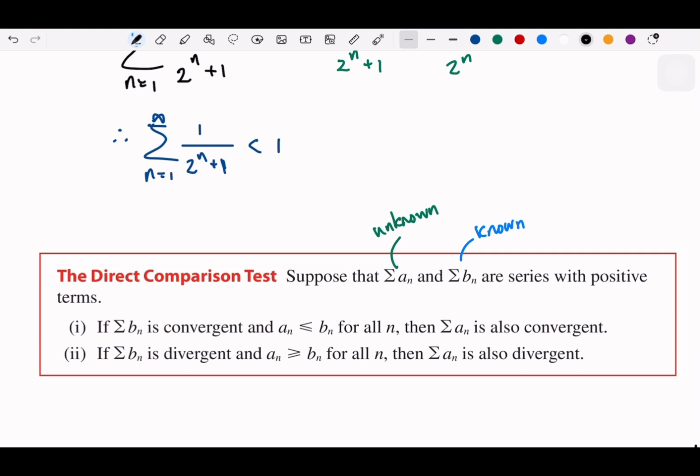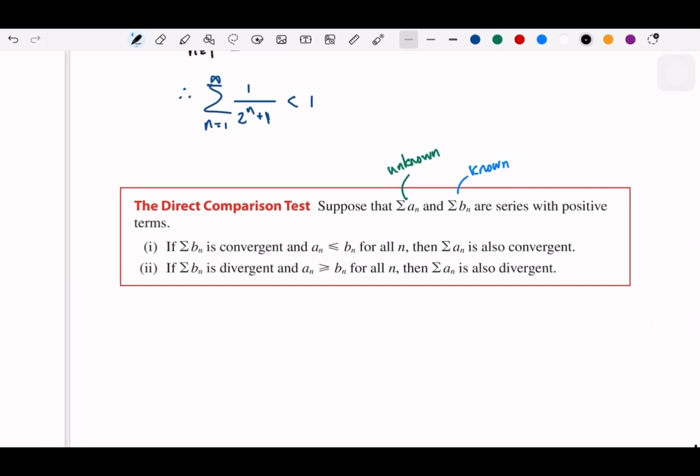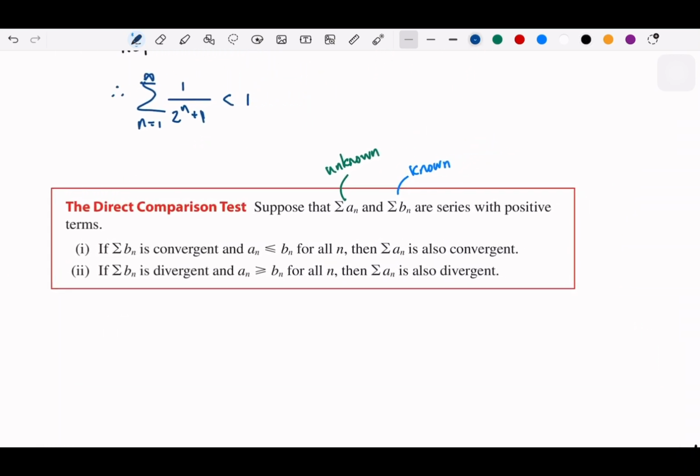Usually, from the direct comparison test, we can compare with the geometric series, which we can find easily, and we can compare easily with the series that we are looking for.